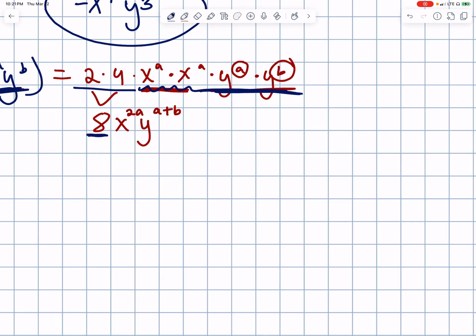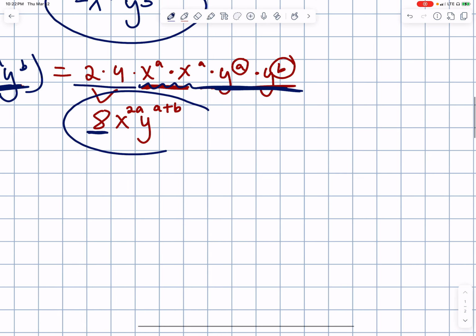But we know there's two of them, so it would be 2a. For y, they're the same, so we're going to carry over that y. But because we have to add those exponents together, and we don't know what those numbers are, we're just going to put a plus b. And that is it, and that's your final answer.